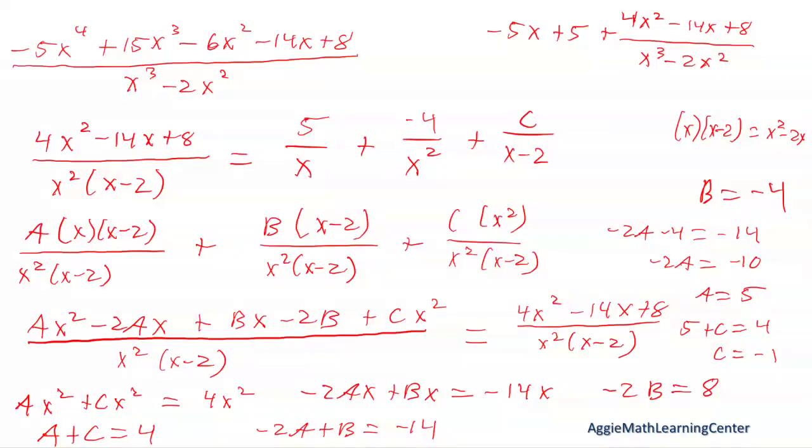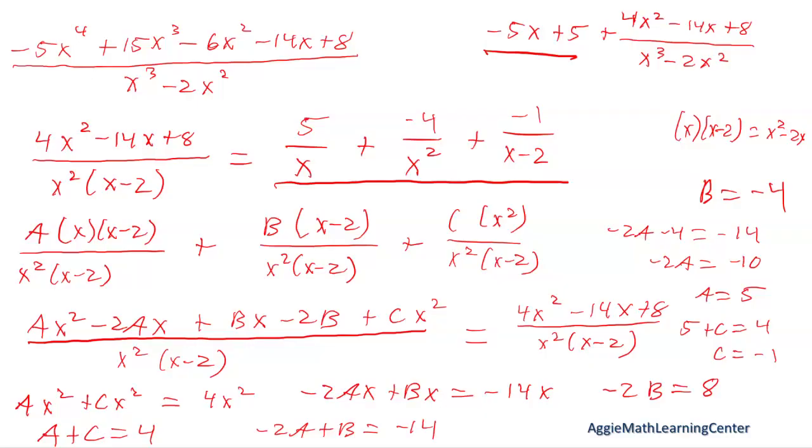And your C, the only reason I'm erasing these is because I'm out of space. C is -1. So your full answer, you would write -5x plus 5 plus all of that. So it'd end up looking like -5x plus 5 plus 5 over x plus -4 over x squared plus -1 over x minus 2. And that's what you would plug in for your answer.